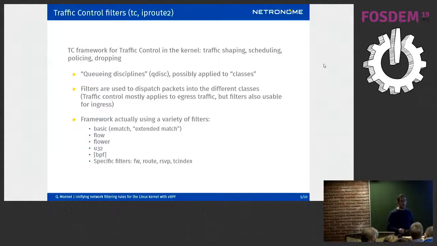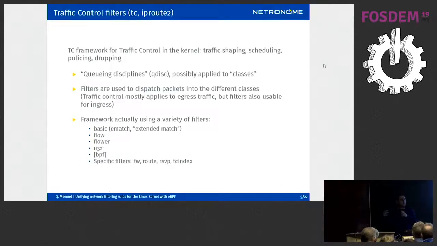And so you have a variety of filters used to dispatch packets into the different classes attached to your qdisc. And this would be mostly for egress traffic usually, so that you can have scheduling and traffic shaping and this kind of processing for the packets leaving the machine. But you can also apply filters to the incoming traffic. So I can also drop flows at the TC level too.